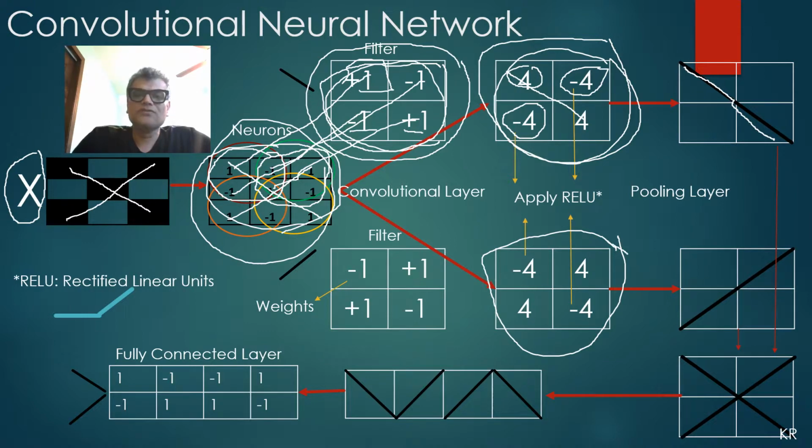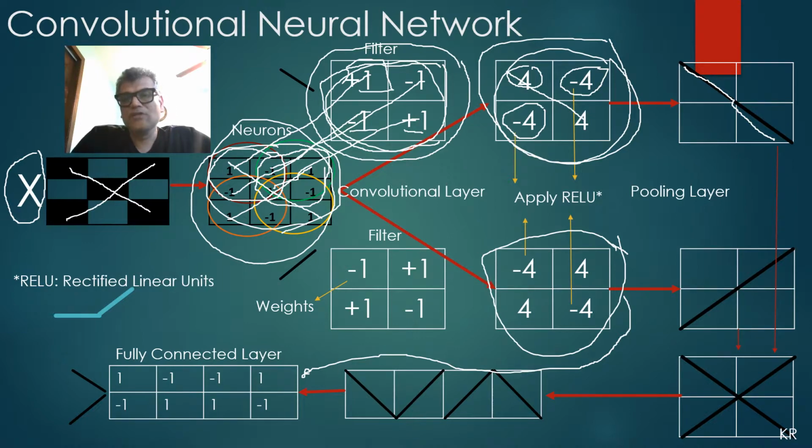Ultimately, this will get converted into what we call a fully connected layer, which is nothing but a string of numbers through application of filters, and then you apply a probability to read what the number is. And the way you do that is, initially when you create this neural network, you feed labeled data into it.